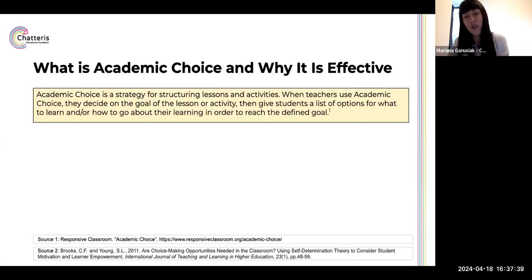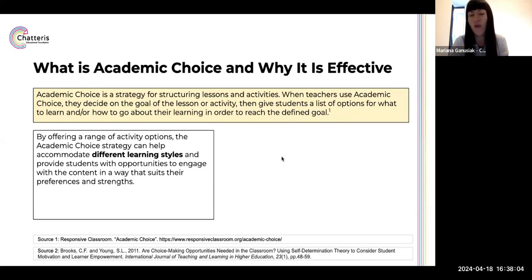When you use the academic choice strategy, instead of designing one set of activities, teachers design a list of options for students to choose from. So students can choose what they want to learn and how they want to learn in order to achieve the lesson objective.